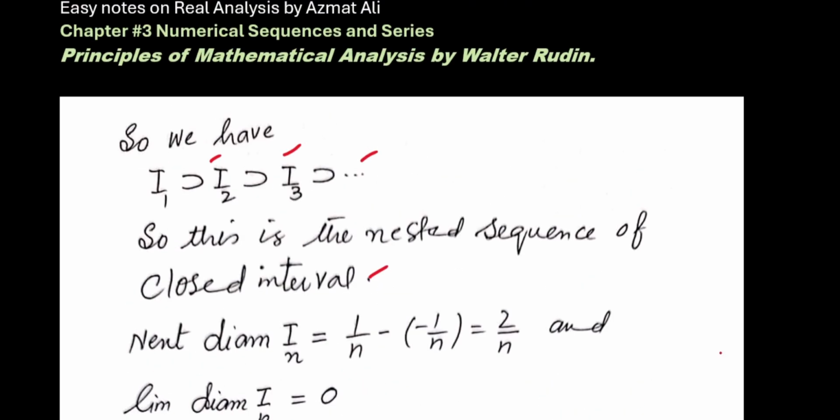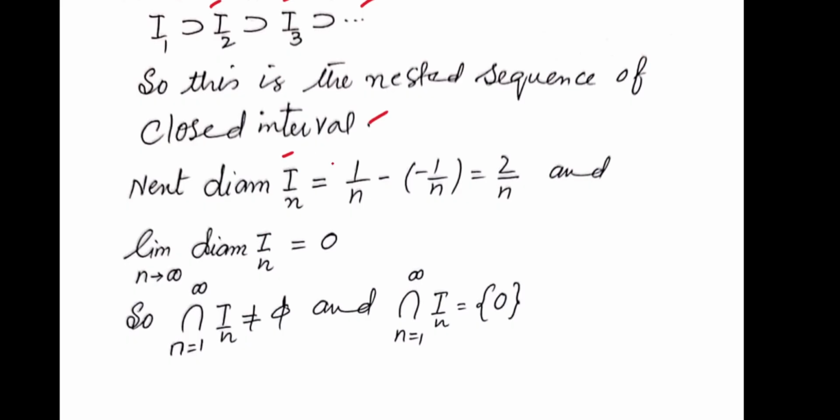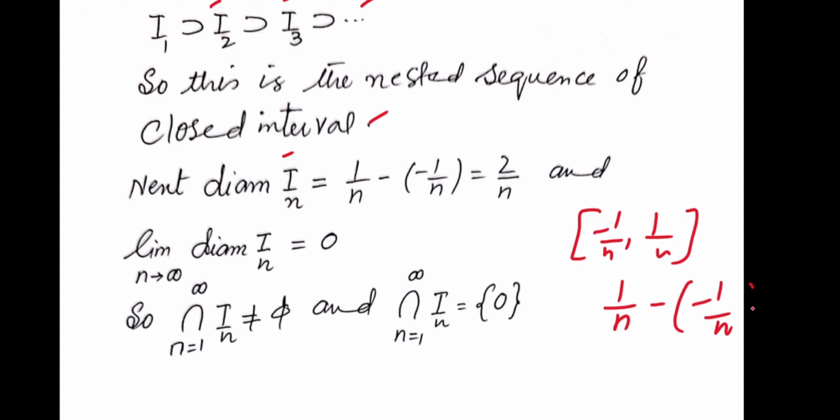Now if I calculate the diameter of this interval, what is our interval? Our interval is minus 1 by n to plus 1 by n. How can we calculate the diameter of the interval? Just by taking the difference of the upper value and the lower value. So this gives 1 by n minus (minus 1 by n), which is 2 over n.